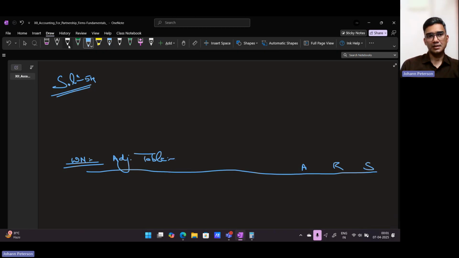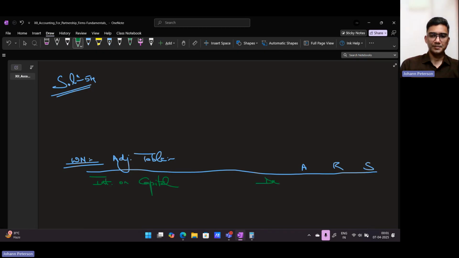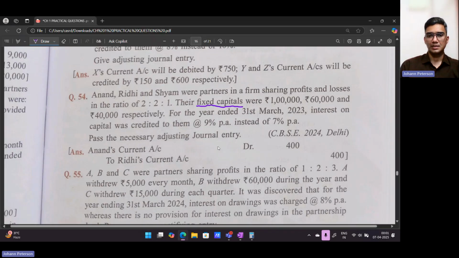Since I've given extra, I'm going to take it back, so I'm going to debit. I've given 2% extra, so therefore 2% of interest on capital, I'm going to take back.